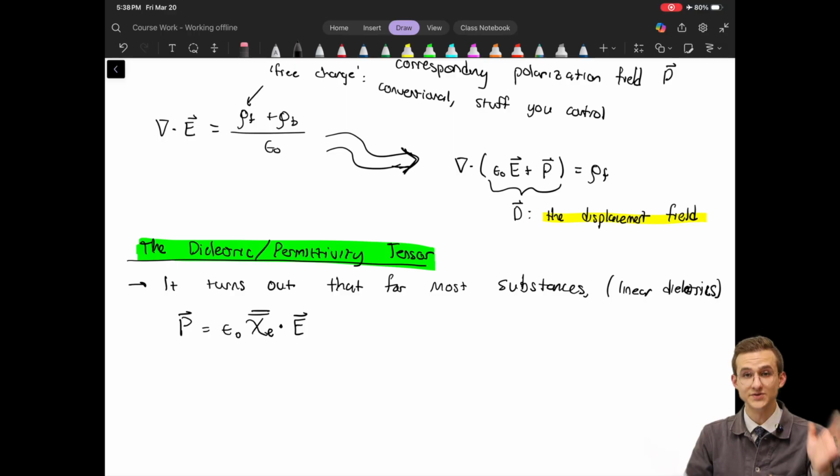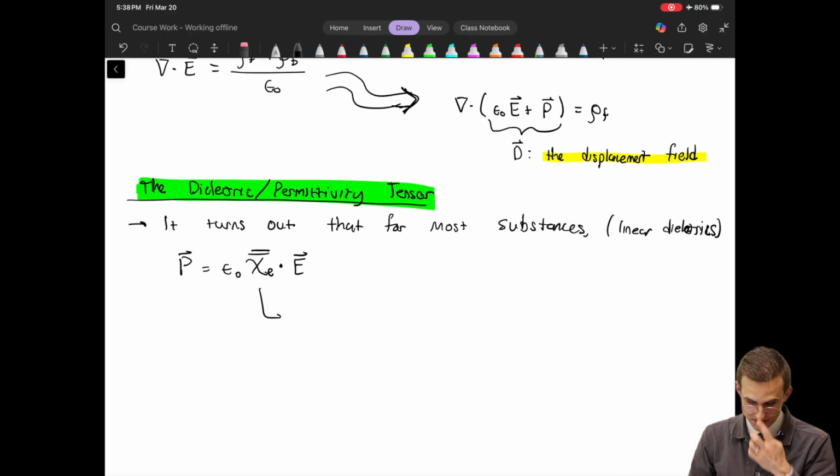Tensor, it's a matrix. Okay, think of it that way. It doesn't have any more than 2 dimensions.